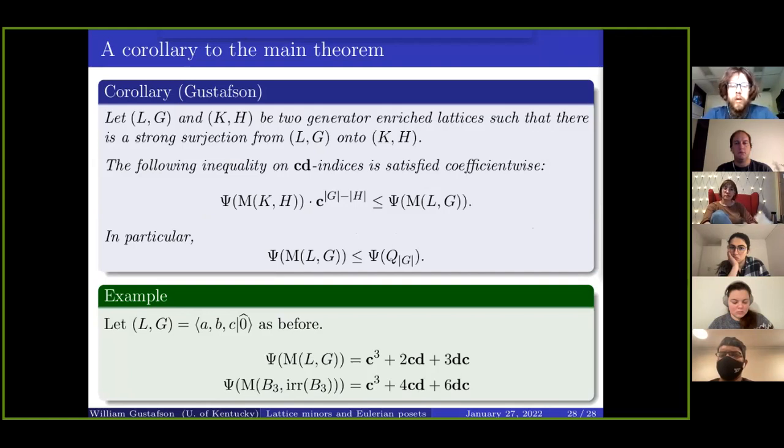Then the CD index of the minor poset of KH, when you lift it up by this power of C on the right, is bounded above coefficient-wise by the CD index of the minor poset of LG. In particular, if we start with the Boolean algebra, this minor poset is isomorphic to the cube. We find that the CD index of any minor poset is bounded above by the CD index of the cube of the same rank.